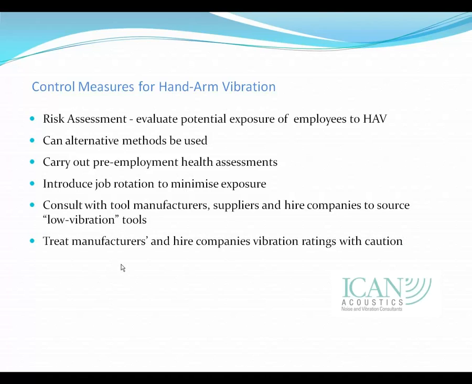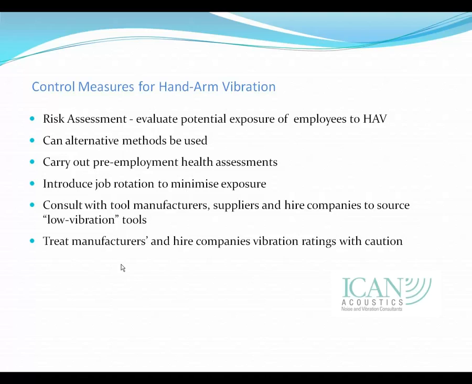This is an important note. You need to be careful when you see a machine advertised as a low vibration machine. It's not a classification, but it's something that a manufacturer may advertise. For example, a low vibration machine. This could be a low vibration compared to a prior machine that they had.